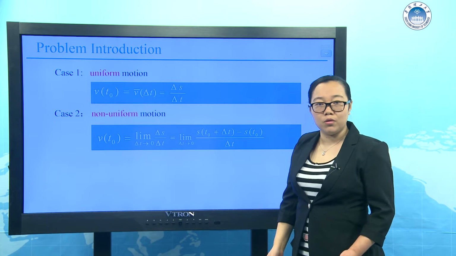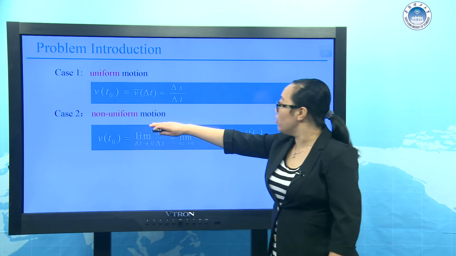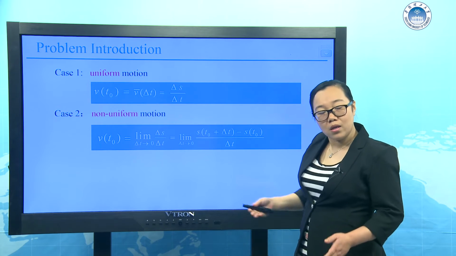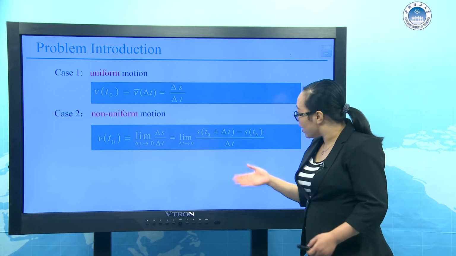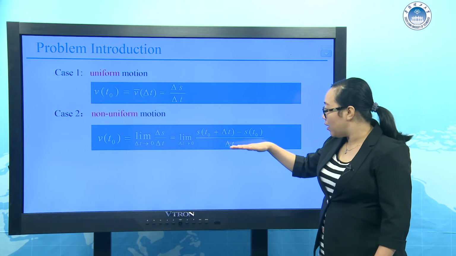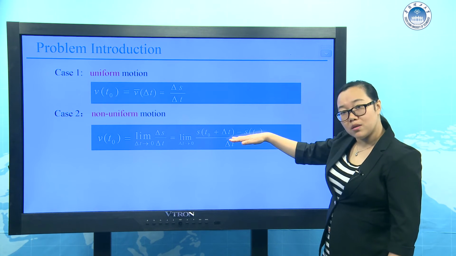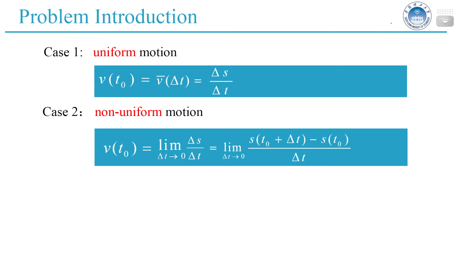If the linear motion is non-uniform motion, at this time t is changeable. How to understand t is changeable? This expression means the difference of the two distances, and the distance difference over t is a function of t.